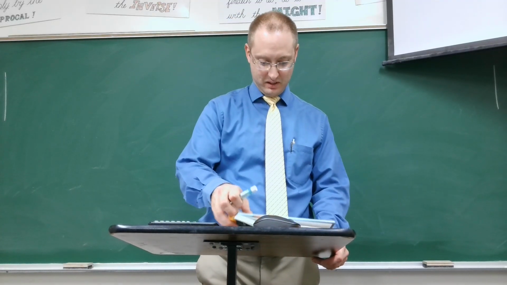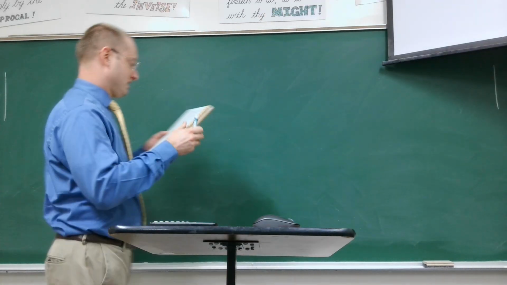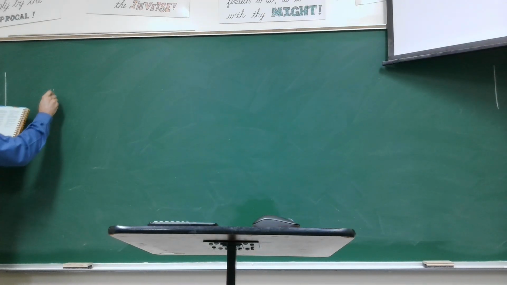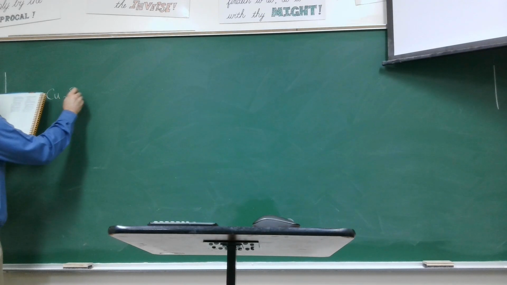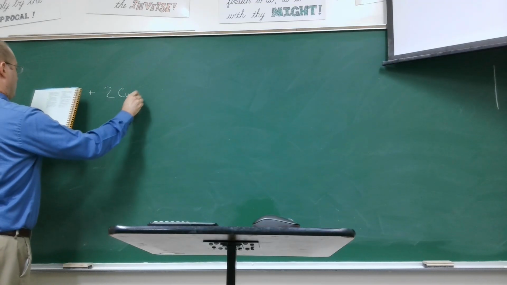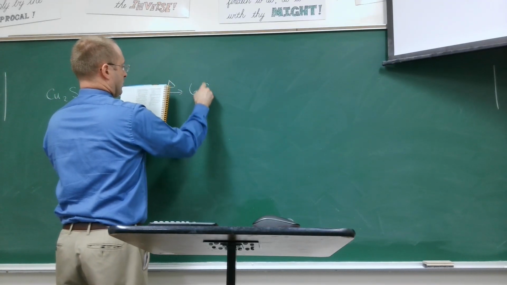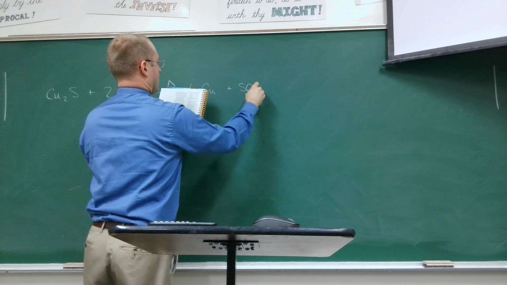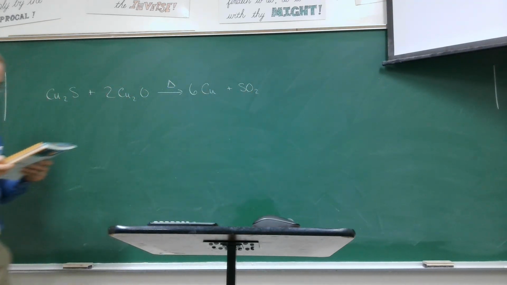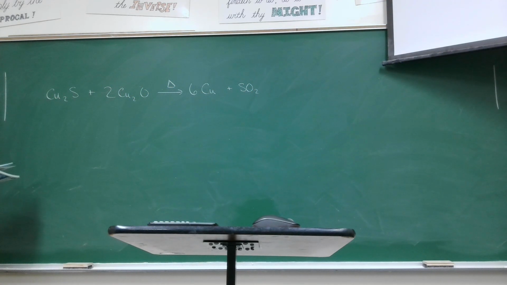Part A, how many moles of each reactant are needed to produce exactly 5 moles of copper? B, if there are 5.6 moles copper sulfide and 9.8 moles of copper oxide, what is the limiting reactant? C, in part B, how many moles of copper will be produced?